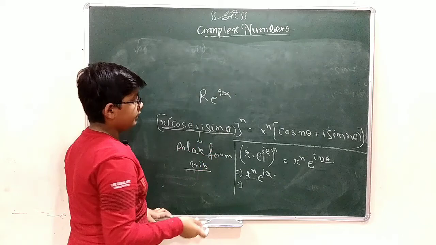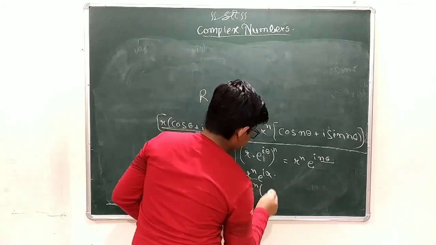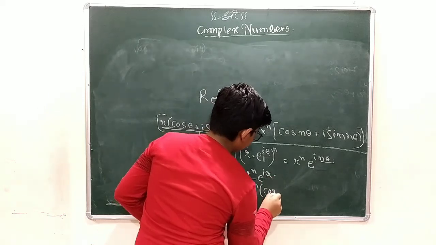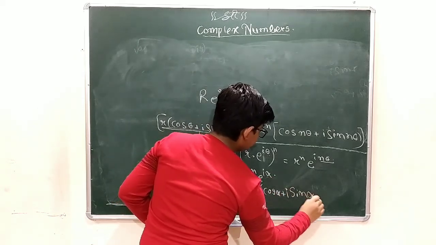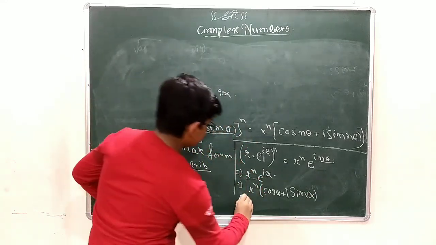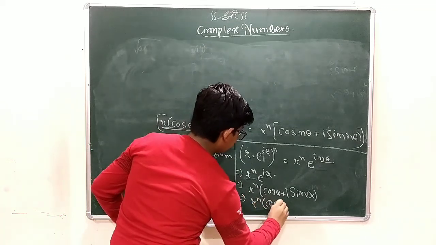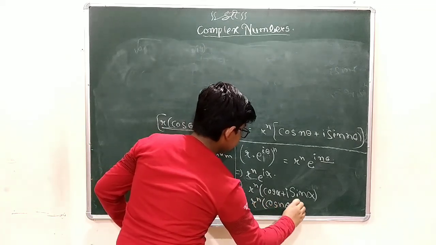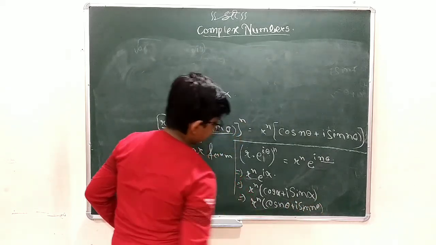Then we can simplify it as r to the power n into cos alpha plus I sin alpha. Now replace alpha with n theta. So we will get r to the power n into cos n theta plus I sin n theta.